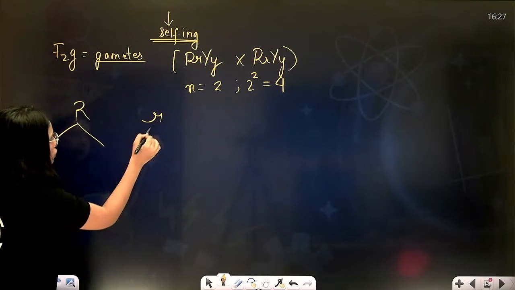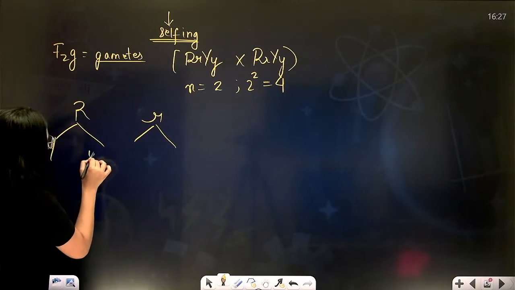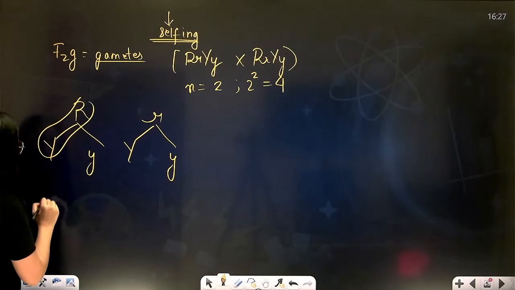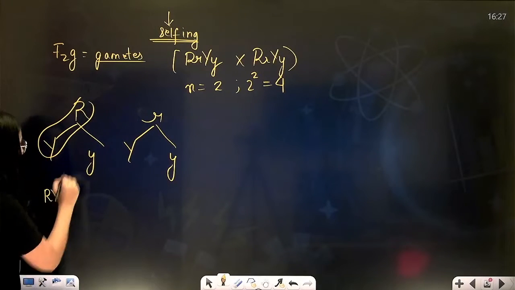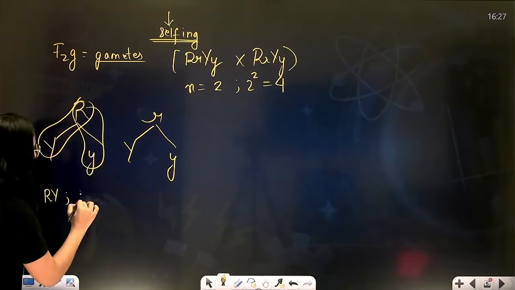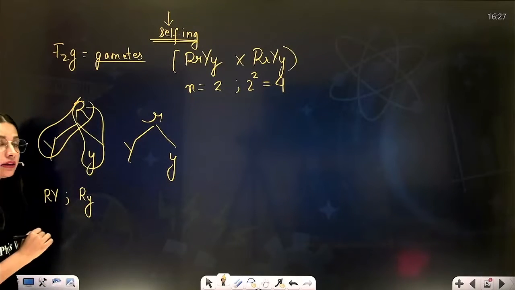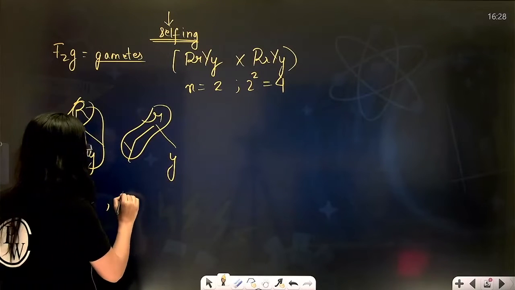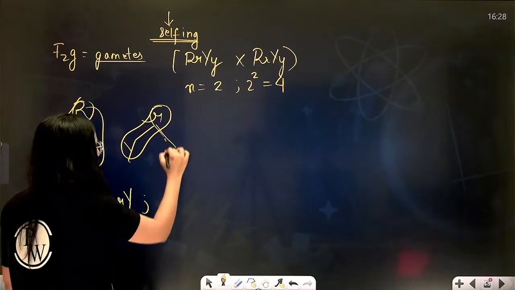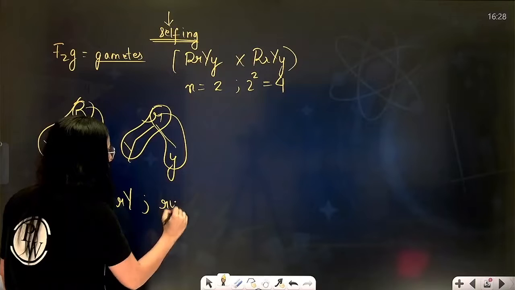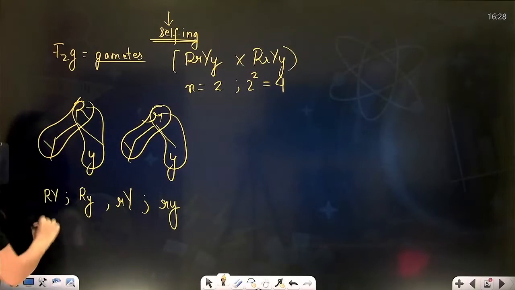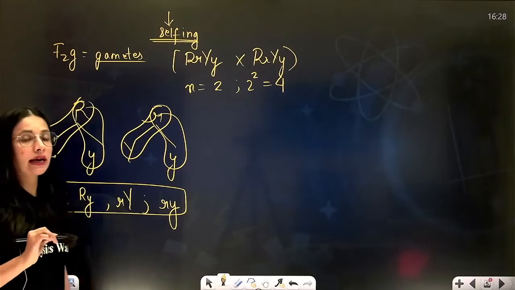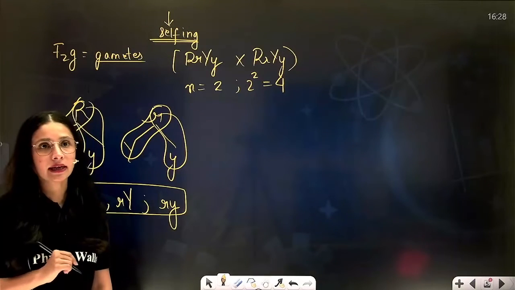Just do the branching method. So one gamete has both the dominant alleles, another gamete has one dominant allele and one recessive allele, third has one recessive and one dominant, and fourth has both recessive alleles. So these are the 4 types of gametes which we obtained after crossing.